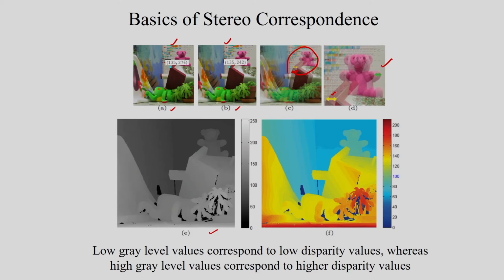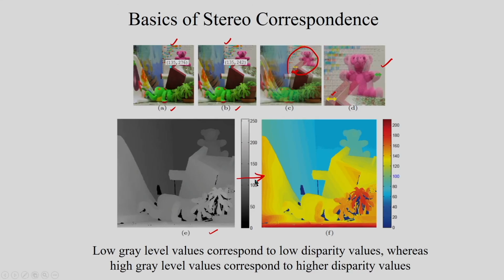That means the objects nearer to the camera have high disparity values, while the objects further from the camera have low disparity values. So for objects nearer to the camera the depth will be less, and objects away from the camera have low disparity value, which means high depth value. So you can see the relationship between the disparity and the depth.